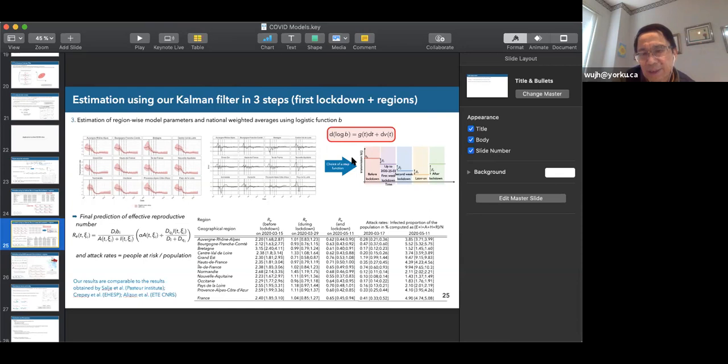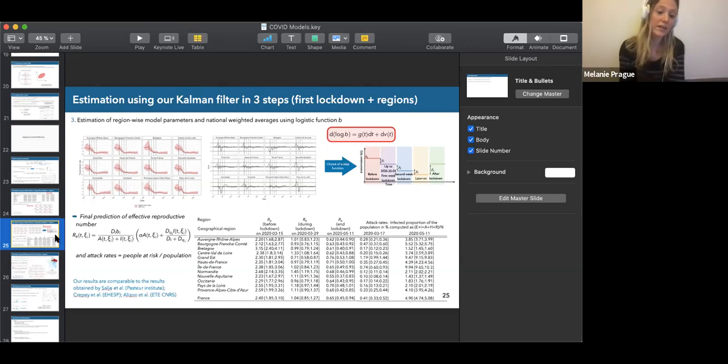Yes, here it is. Basically, if you are using the classical approach with SIEM, you need to specify the parametric shape of the transmission function, which you don't have to do when you use Kalman filters. What we did is that from the Kalman filters that you see on the left, we inferred that there is kind of a sigmoidal function, but it was easier to go with a parametric function, which was a step function, for the estimation with the classical SIEM.